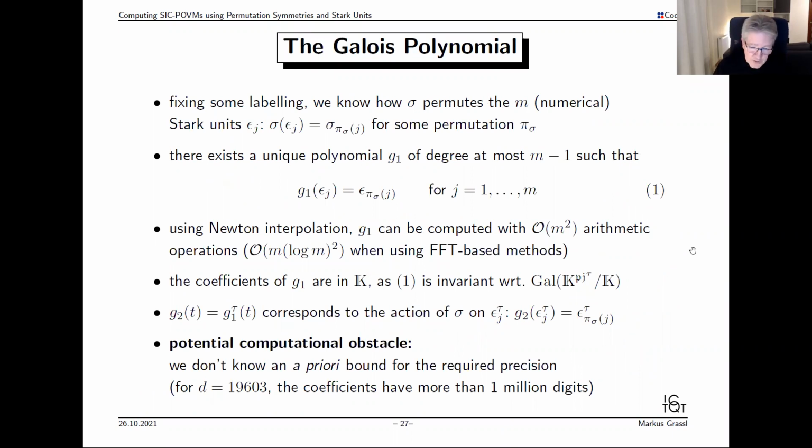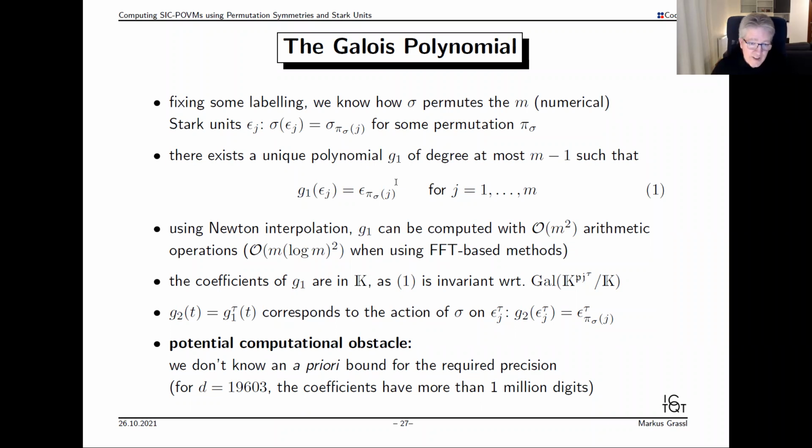In the interest of time, I will only highlight what it does. We have that the action on our numerical values, we know how they are permuted. And instead of having the algebraic action, we can just define a polynomial that, for all the pairs of Stark units, now numerically, maps them to their conjugates.